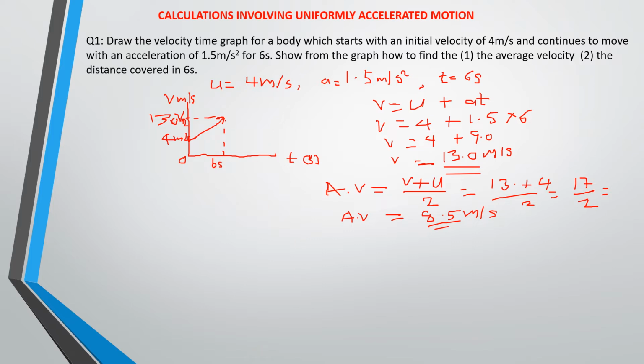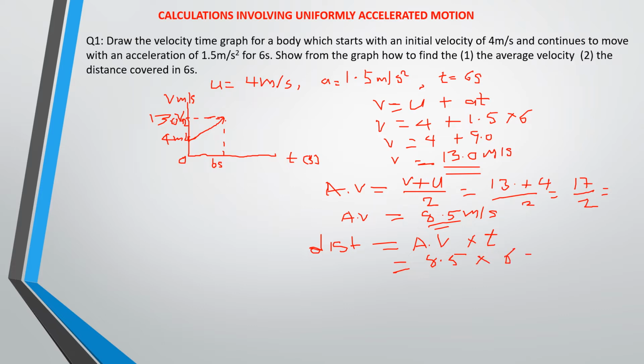From the equations we got, we know that distance covered equals average velocity times time. So substitute into this equation, you are going to have 8.5 times 6.